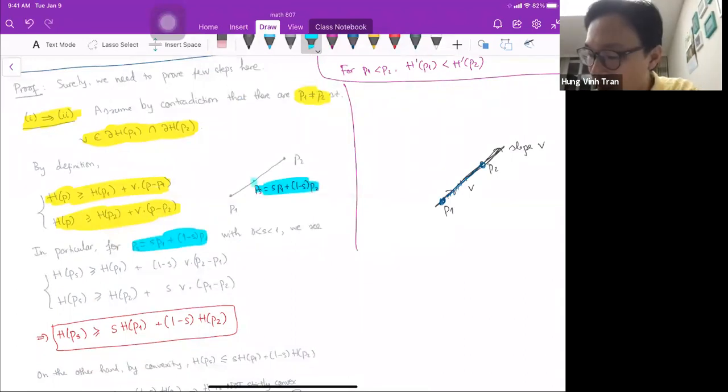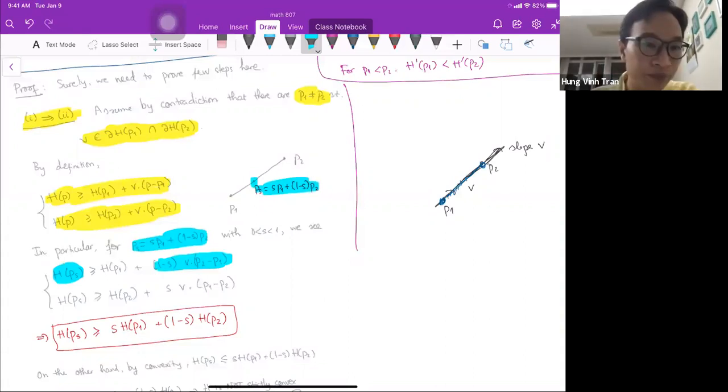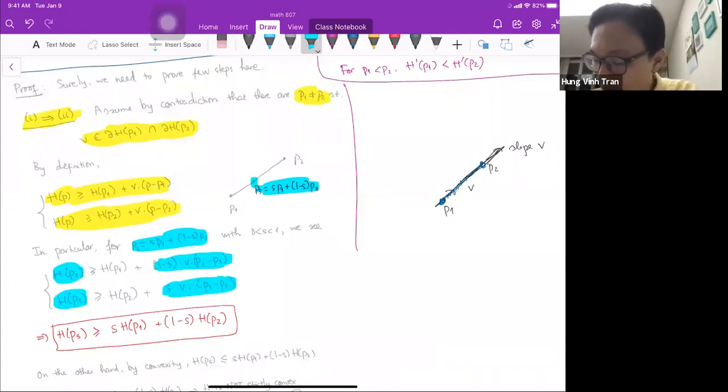Exactly the point in the middle. And you plug in the relations. So on one hand, you have H of PS is greater than the right-hand side. When I do subtractions, P minus P1 is just going to become this one. You can just do the algebraic calculation here. It's clear, right? And then similarly, you have H of P is also greater than or equal to H of P2 plus S times V times P1 minus P2.